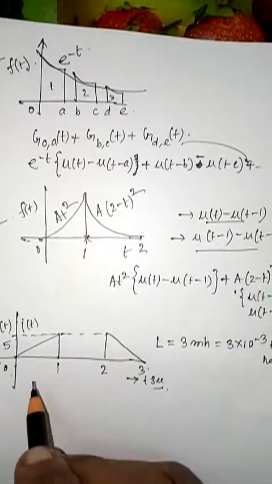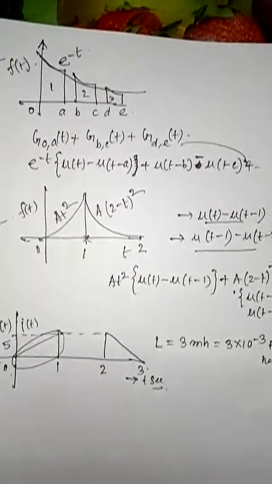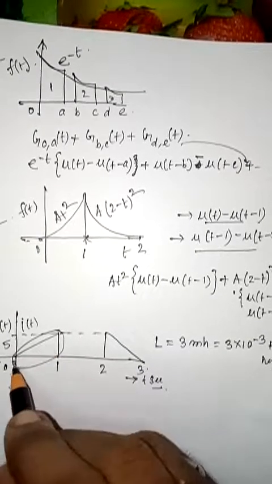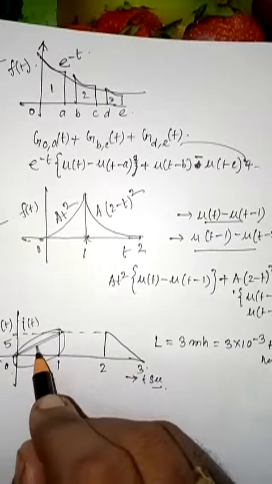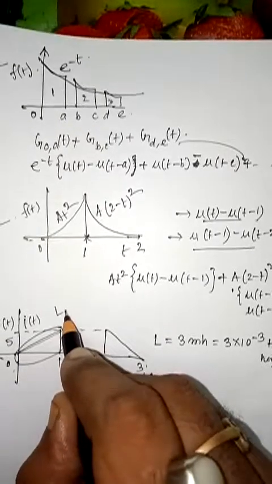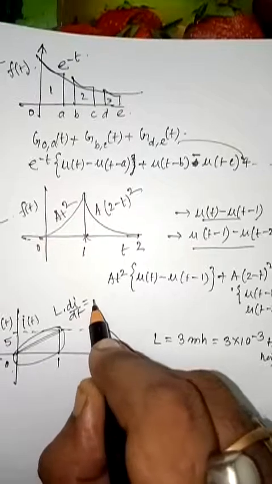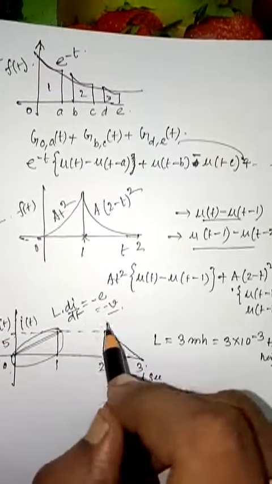See, in this particular part the current is increasing. So that is L di/dt, that is equal to minus e or minus V, as you know by the property of an inductor.